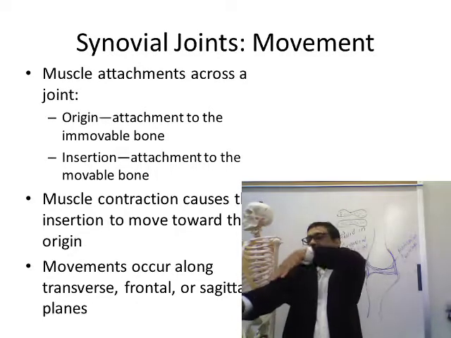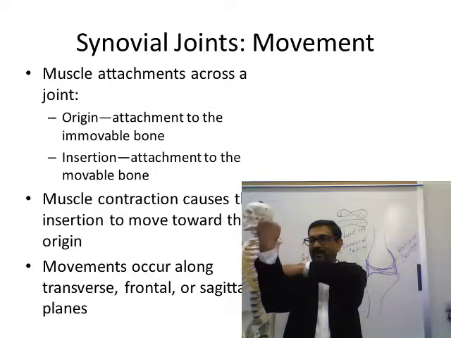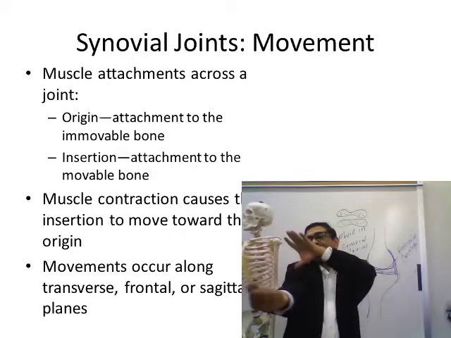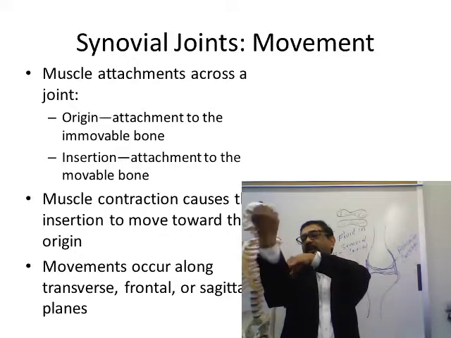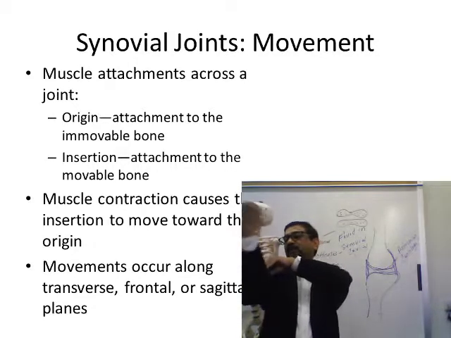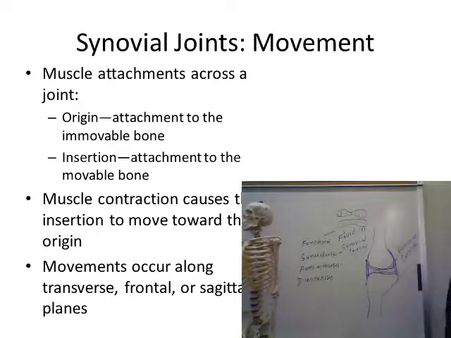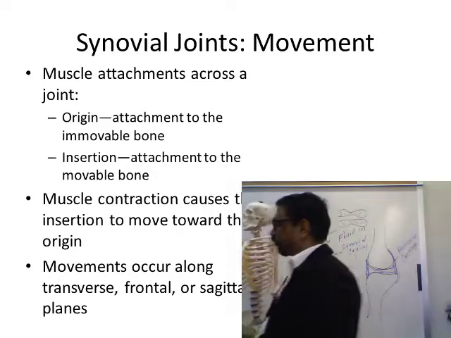Now this is the muscle. When I move my forearm, you see my arm is fixed. Who is moving? The forearm. Make sense? This is fixed, this is movable. So this end is the origin because it is attached to the fixed bone, and this end is the insertion because it is attached to the bone which is moving. That's how we determine the origin and insertion.